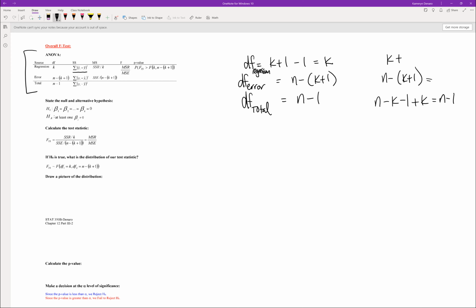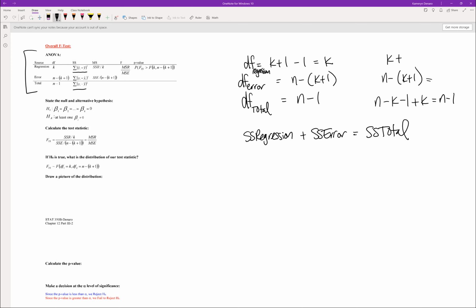Then we have our sum of squares total, which is each observation yi minus y bar, squared. We've shown in a previous video that the sum of squares due to regression plus your sum of squares due to error is equal to your sum of squares total.